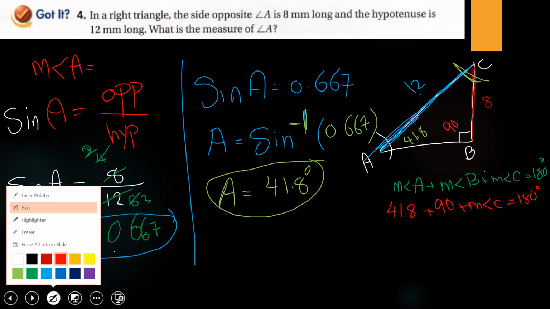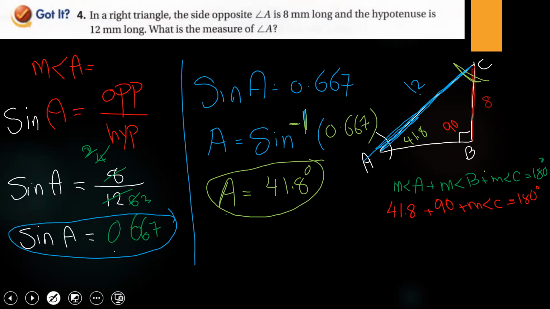Let's add them now here. 41.8 plus 90 is 131.8, plus the measure of angle C is 180.